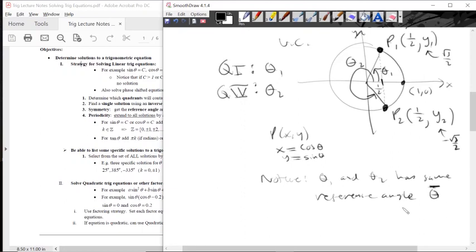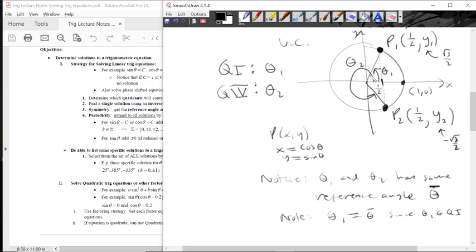Recall that any solution that's already in quadrant 1, where it's between 0 and pi over 2, is already equal to the reference angle. So we'll note that for this case, theta 1 is equal to theta bar, since theta 1 is contained within quadrant 1.